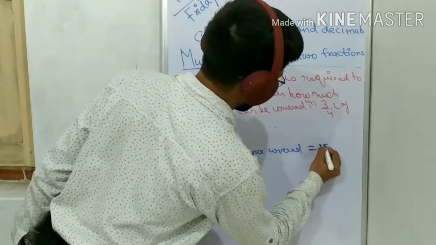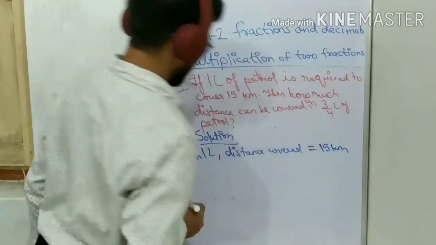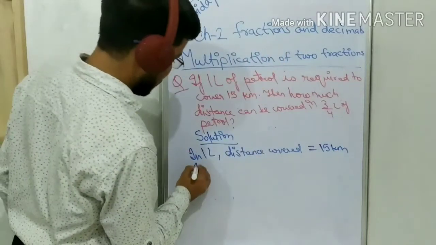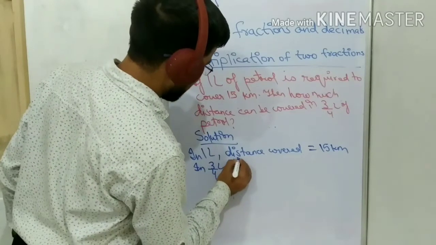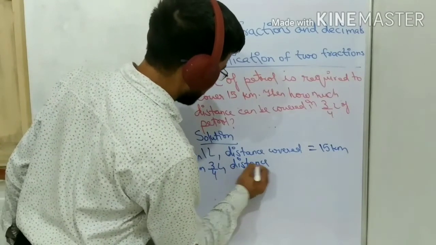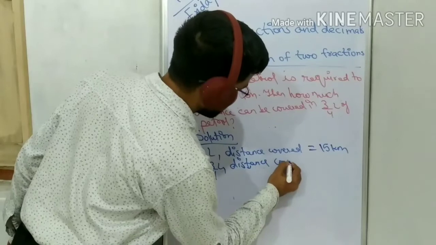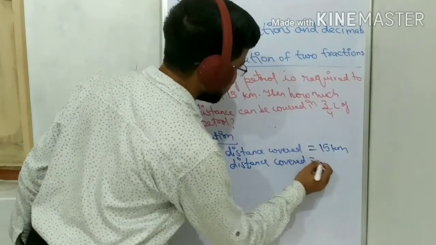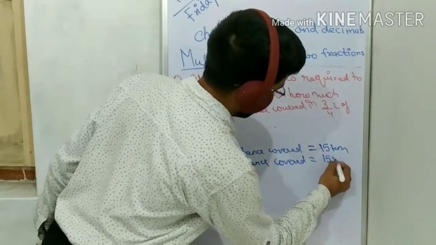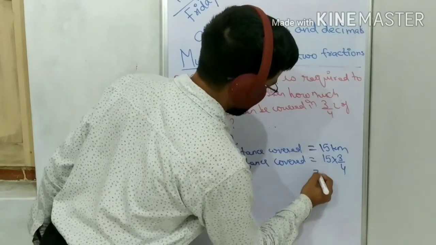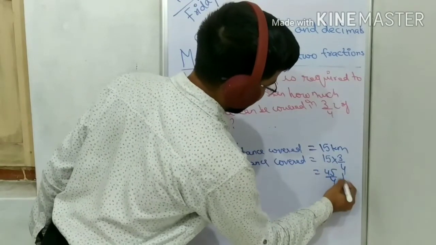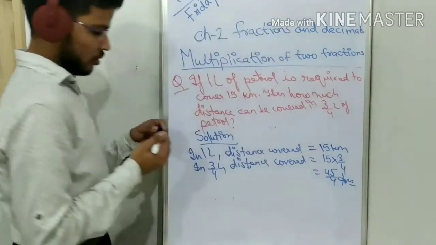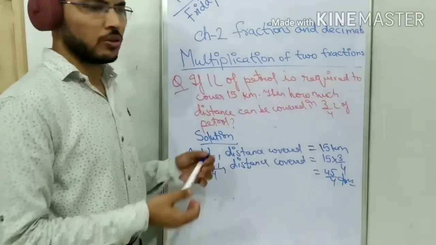Yes, 15 kilometers. In 3/4 liter, distance covered is equal to 15 multiplied by 3/4. 15 3s are, yes, 45/4. This will be the answer. Okay. So this is very simple.